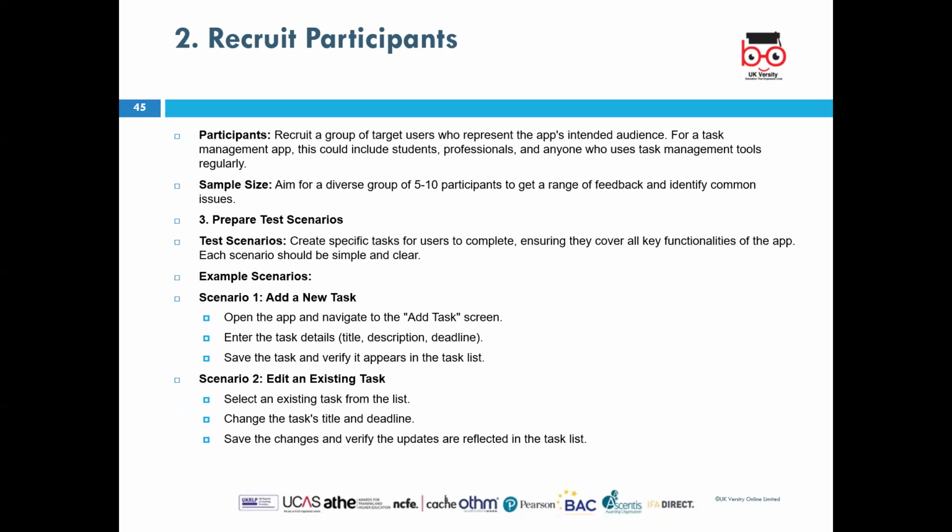This will allow us to collect useful feedback from them. For sample size, we're going to aim for a diverse group of maybe 5 to 10 participants to get a range of feedback and identify some of the common issues.